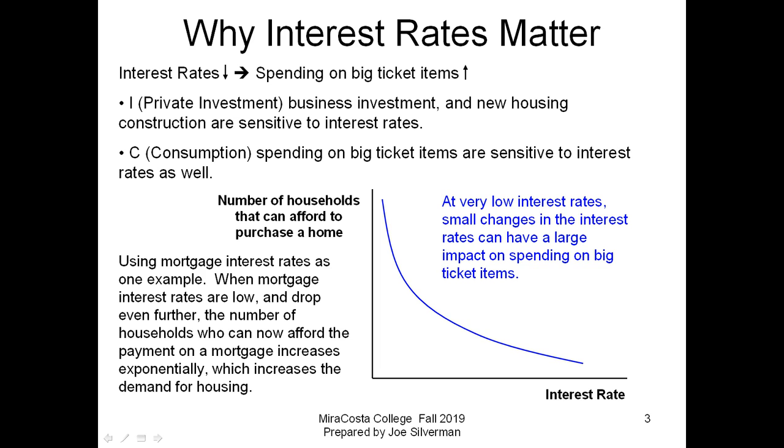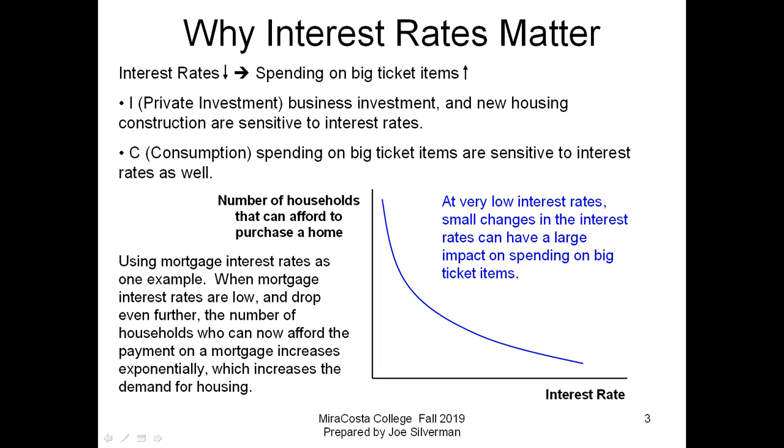But as the interest rate drops, the number of people who can afford to repay a loan to buy a single family home goes up, but it doesn't go up in a nice linear fashion. It goes up in an exponential or reverse exponential fashion, if you like. So when the interest rate is relatively low, say 5%, and the interest rate falls by 1/4%, the number of people who can afford to buy a home goes up more than linear.